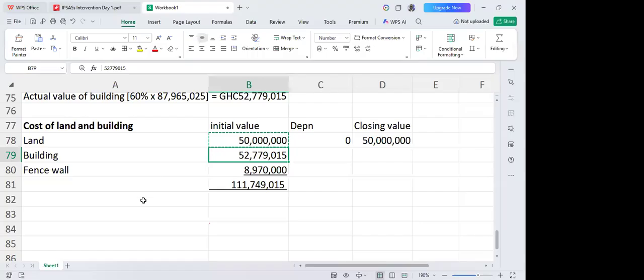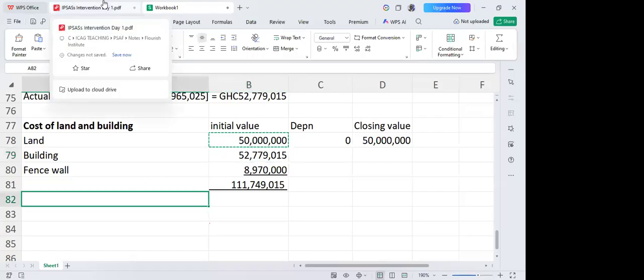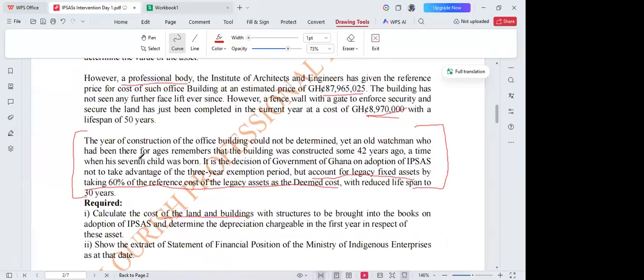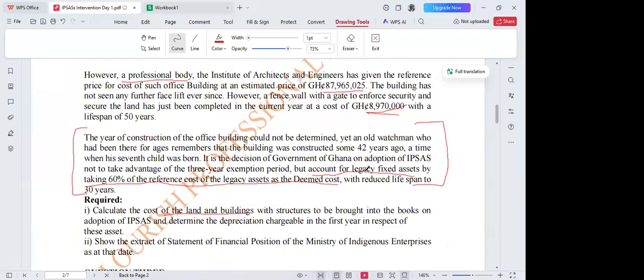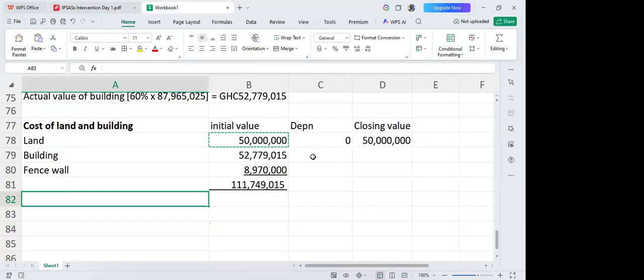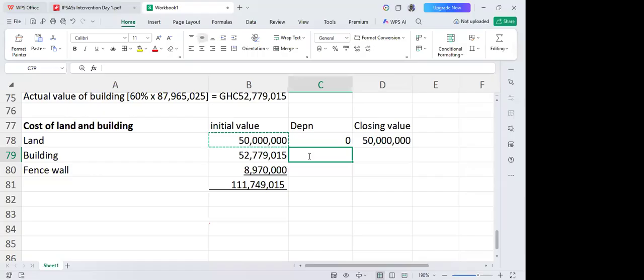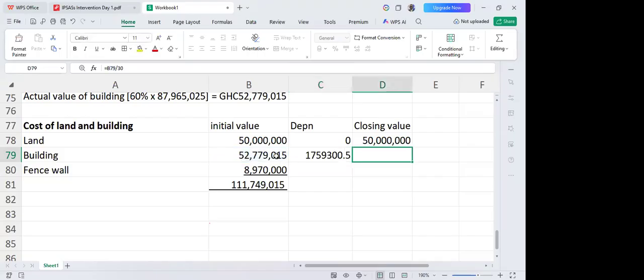The next we have is building. For building, we need to get the useful life of the asset. Getting to the tail end, they give us the information that the building now has a reduced lifespan, and now we have to use 30 years to account for the depreciation. So we divide this value by 30 years, and this value becomes the depreciation we use.